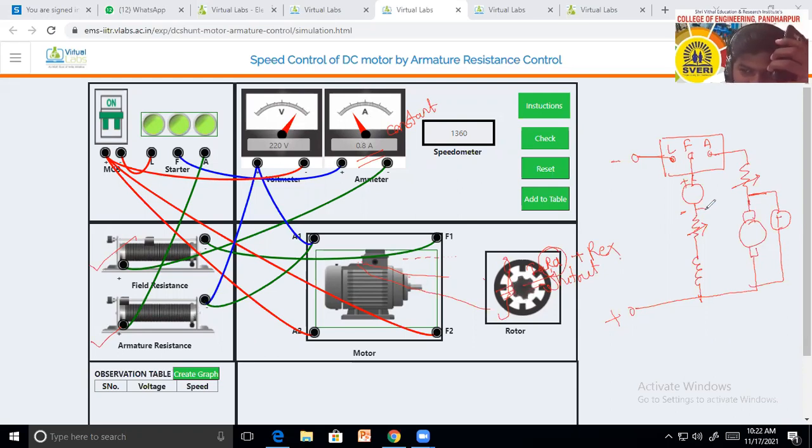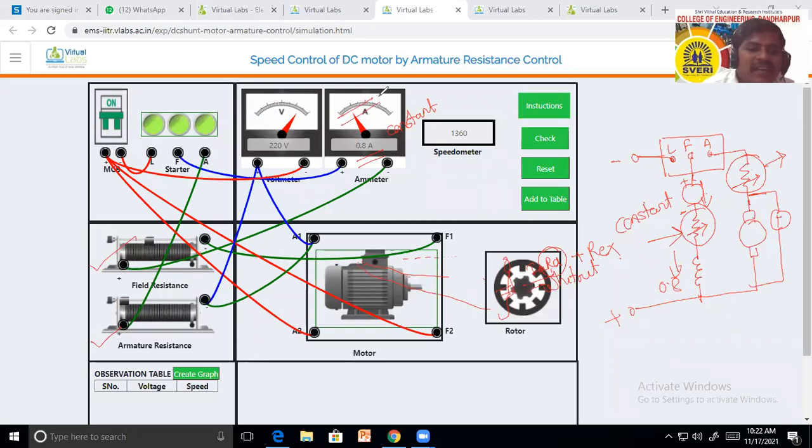See, this resistance I am not varying, this is kept constant, constant at this position. Some current is flowing through it. So this current is suppose 0.8 that it shows. Now I am varying this resistance, that is, the resistance connected in series with the armature is being varied. If the armature series resistance varies, is there any effect on this field current? No, there is no effect on the field current because this resistance is kept constant, so constant current will be flowing in this. So observe whether there is any change in this.